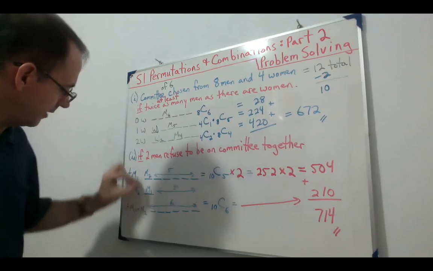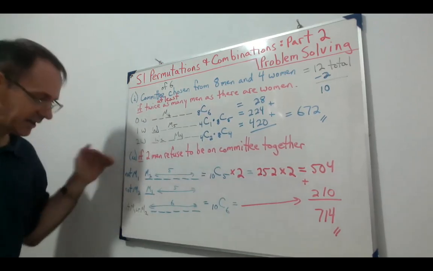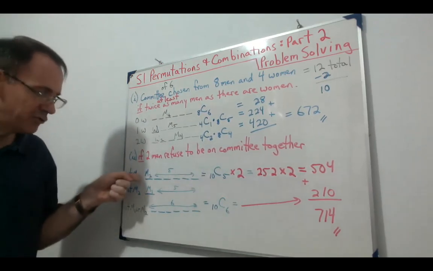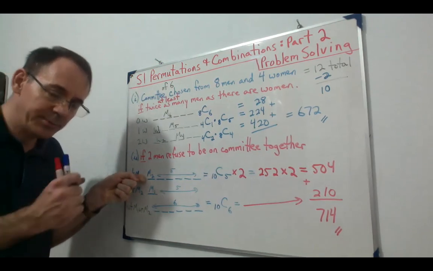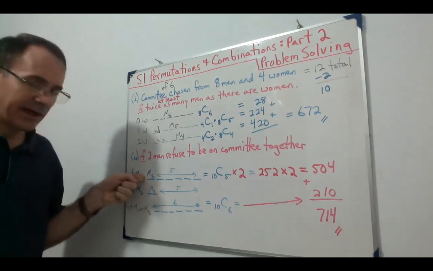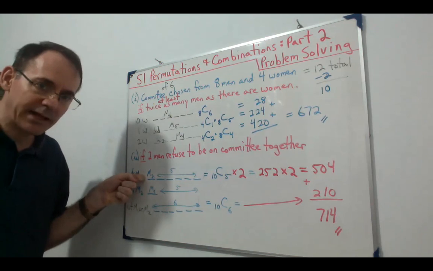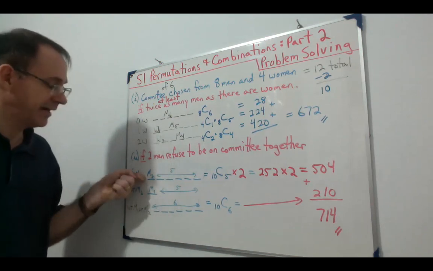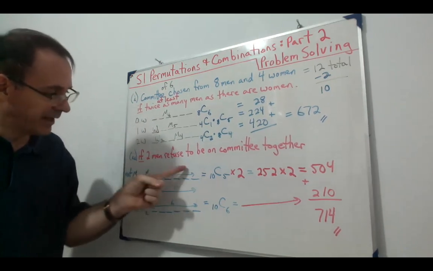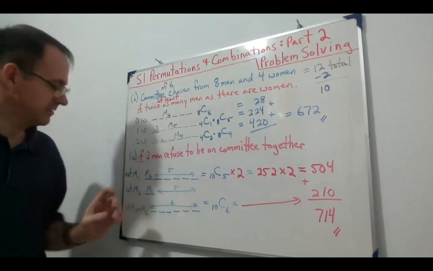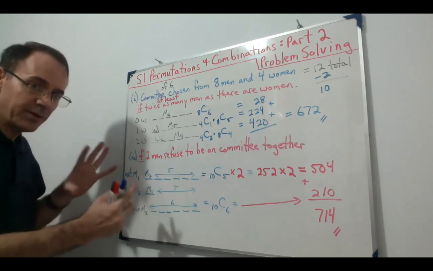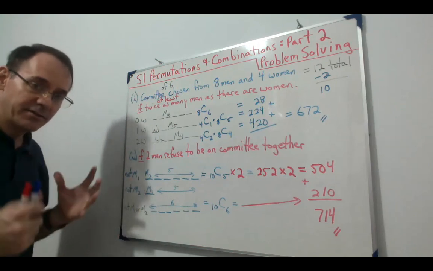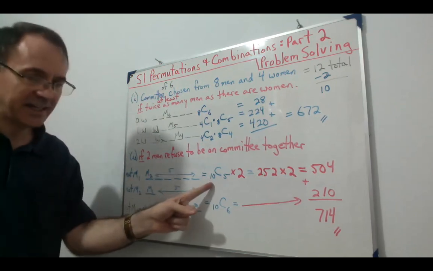So you set up your cases involving those. When you determine someone to be on the committee, that just counts as a multiply by 1, because you said that one person has to be there. But you need to make sure it reduces the slots, and these 2 people are now out of the question, so there are 10 people left.